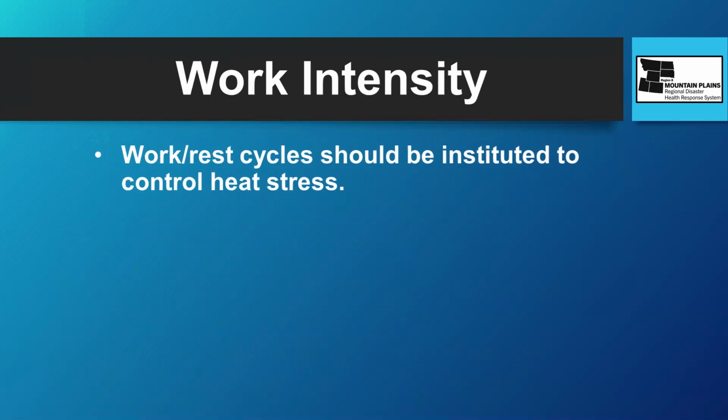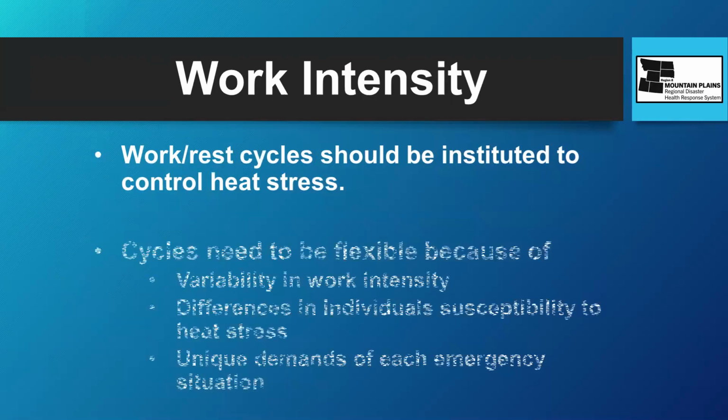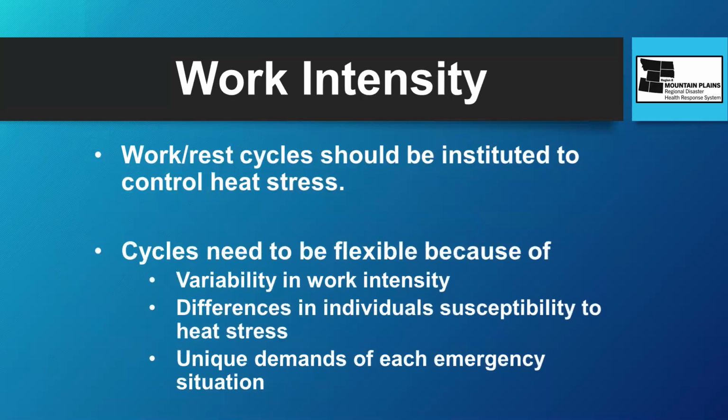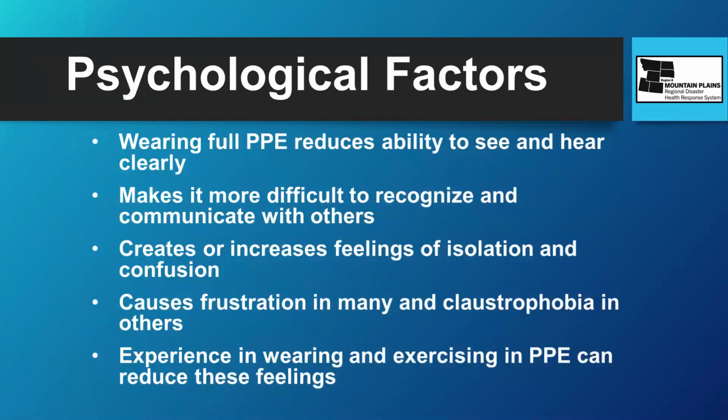Work rest cycles should be instituted. And frankly, this should be mandated in an effort to control heat stress and optimize the work that's being done. And those cycles will be flexible because of the variability in work intensity, the difference in individuals' tolerance to heat, their physical fitness, and the unique demands of the situation.